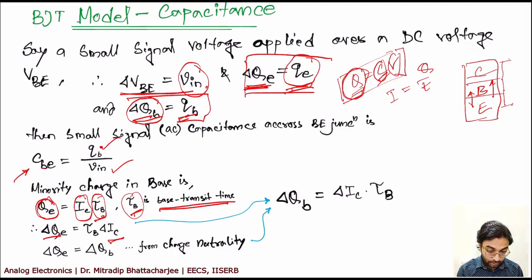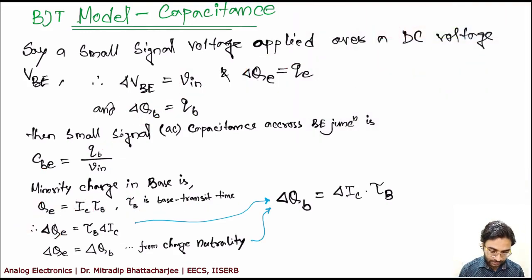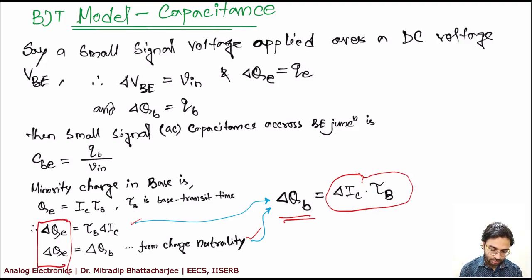And we know that QE and QB are equal. I already told you from charge neutrality. These two are equal. Now from this equation and this equation, we can say delta QB is equal to delta IC into tau B. Just replacing this part, both are same. So both the right hand sides will be equal.